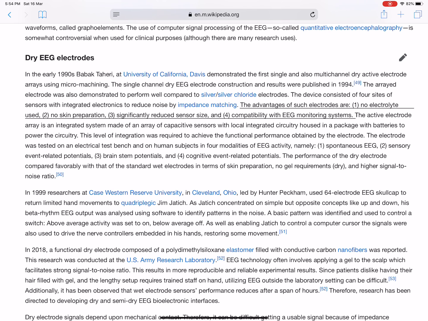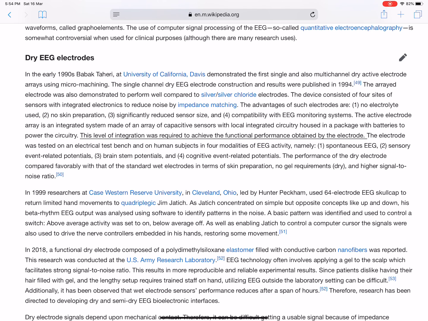The advantages of such electrodes are: no electrolyte used, no skin preparation, significantly reduced sensor size, and compatibility with EEG monitoring systems. The active electrode array is an integrated system made of an array of capacitive sensors with local integrated circuitry housed in a package with batteries to power the circuitry. This level of integration was required to achieve the functional performance obtained by the electrode.